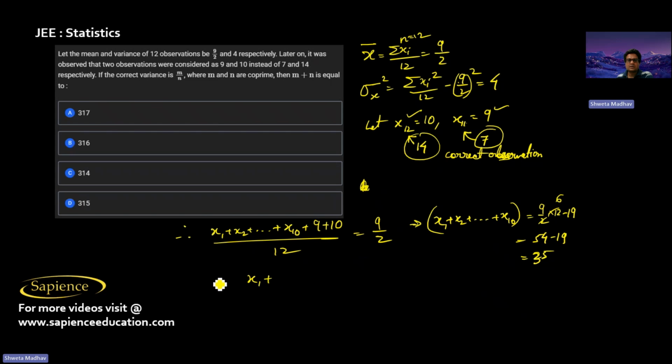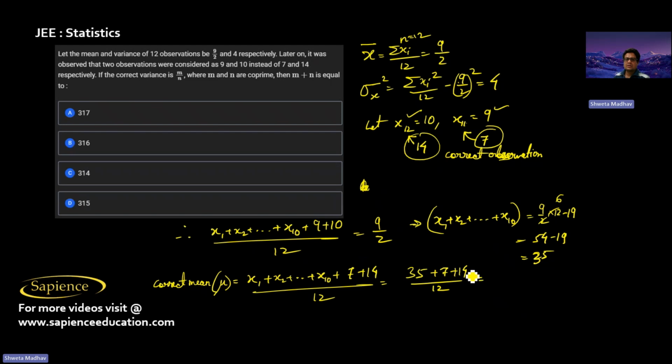And then, so we need to find the correct mean. Correct mean, let it be mu, that is equal to x1 plus x2 plus dot dot till x10 plus 7 plus 14 divided by 12. Now this will be sum of first 10 observations is 35 plus 7 plus 14 divided by 12.